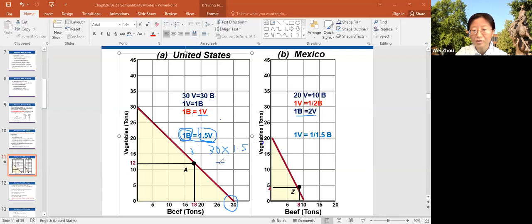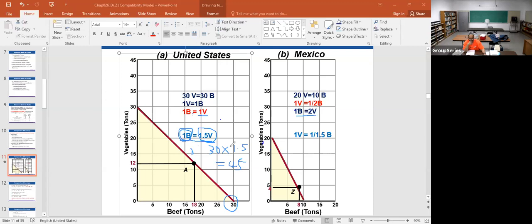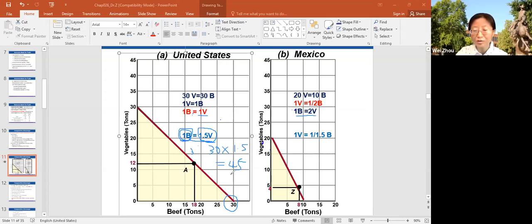If you do the calculation, it's 45. Are you with me? So if I do international trade, even if I sell all my beef and exchange it for vegetables, the maximum I can get is 45. Now I'm going to draw a new PPC line, because now the combinations go up to 45 vegetables and 30 beef, right?